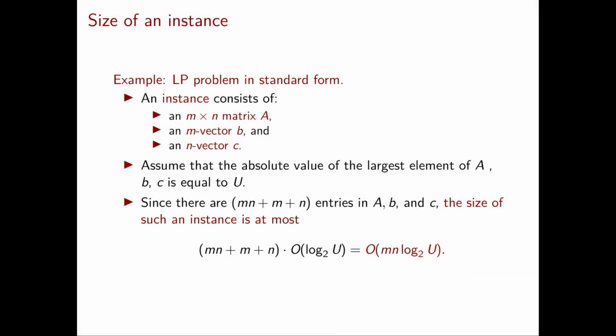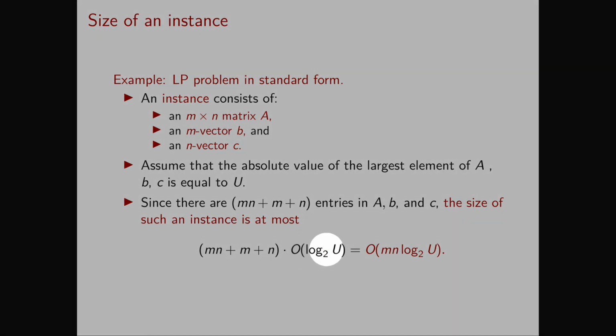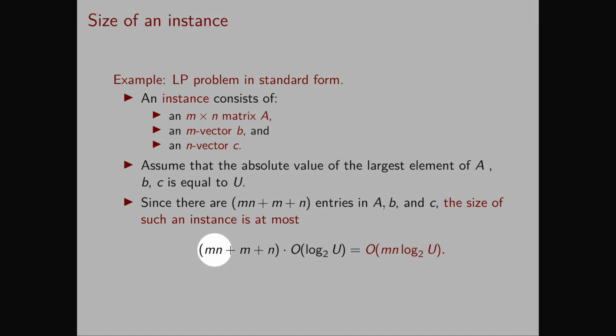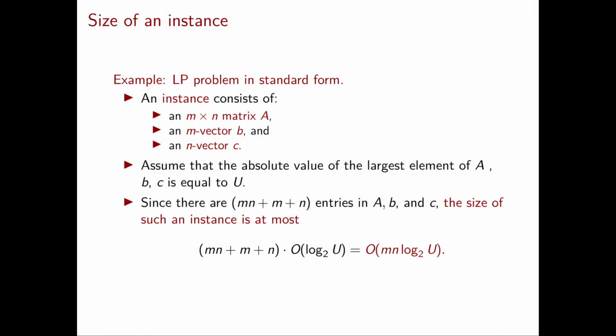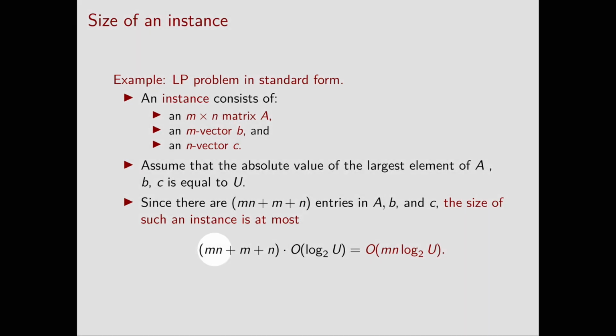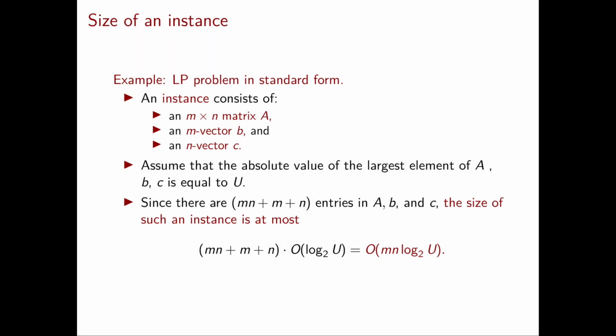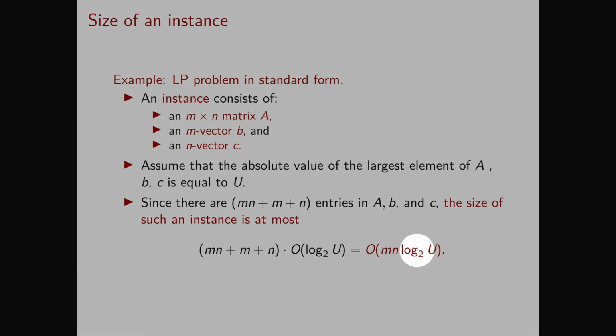Now the size of every entry is big O of log u, but now the total number of entries is mn for the matrix A, m for the vector b, and n for the vector c. Therefore, the size of an instance is at most mn plus m plus n times big O of log u, and this is simply big O of mn log u.